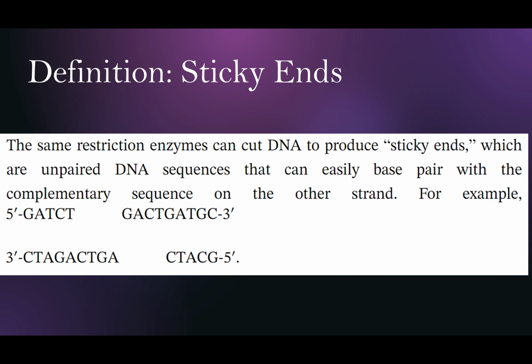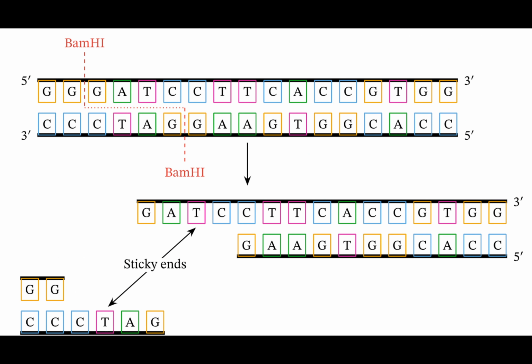Looking at the sticky ends, the same restriction enzymes can cut DNA producing sticky ends, which are unpaired DNA sequences. Here we can see the sticky ends for the 5' and 3' strands. Let's look at how BamHI actually cuts.